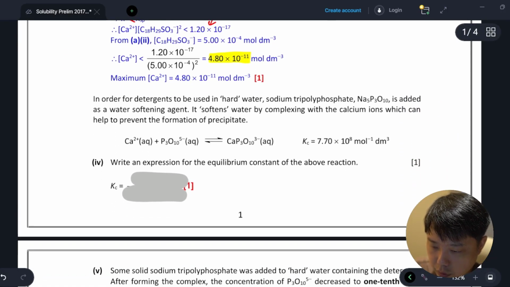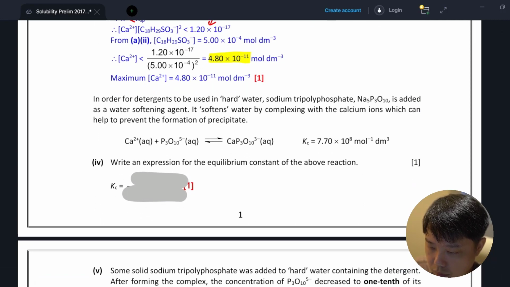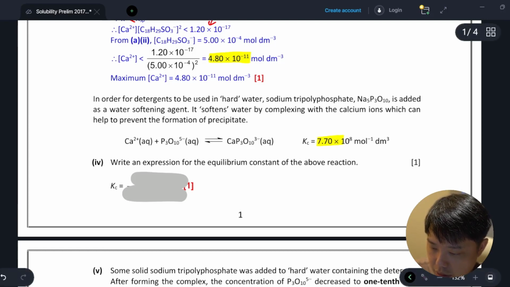Second part of the question, they say that sodium tripolyphosphate is added as a softening agent. It can complex with calcium to prevent formation of the precipitate, as shown by this equation. They have given us the Kc value. Write down the expression.